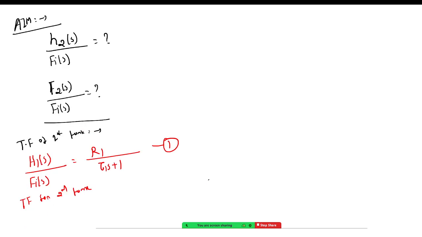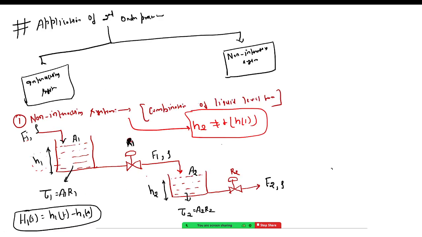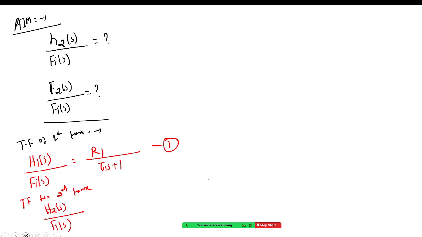Fine. So the transfer function for this particular H2S, I can write, divided by F1S. Why? Because here the input is your F1. Here the input was Fi. Yesterday I derived these things. So that equals R2 upon tau 2s plus 1.